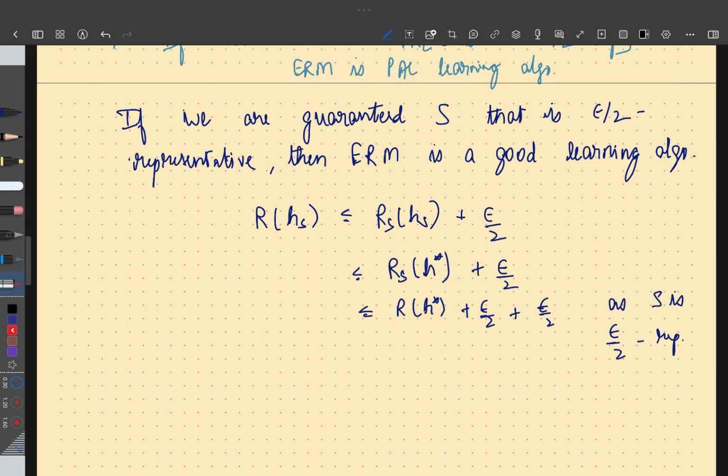Alright, so always R of H star is going to be less than or equal to R of Hs. Right? This is always guaranteed by the definition of H star. But then if the sample is epsilon by 2 representative, then Hs is not too far away from H star. That's what this is saying. Alright.